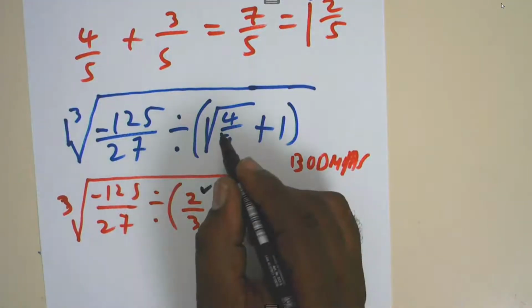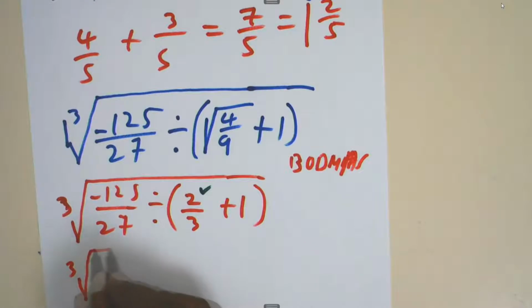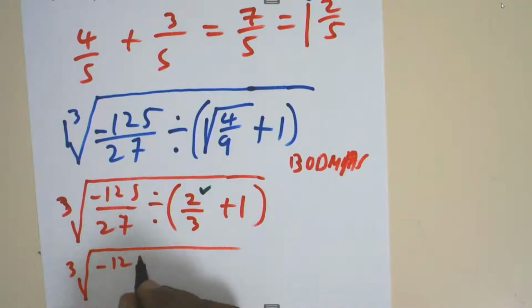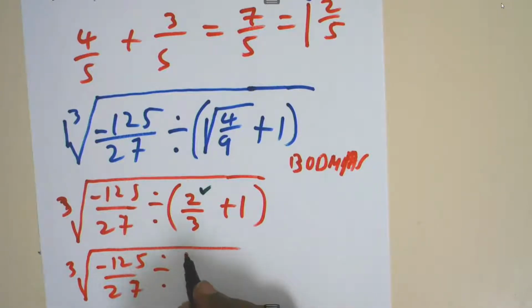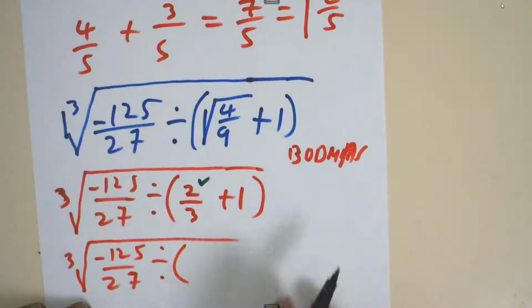From here, don't look at the complex, just follow your rules. Remember your rules. Right. Against our fractions, in a bracket, LCM, our friend, LCM.